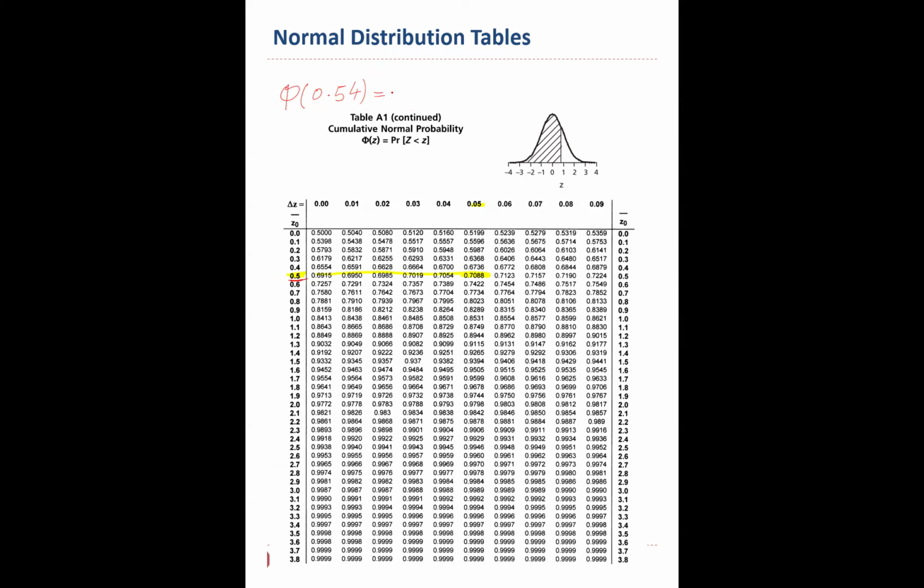We can read that it is 0.7088. So it means the area from minus infinity to that particular value is 0.7088, and this is the pictorial representation of that.